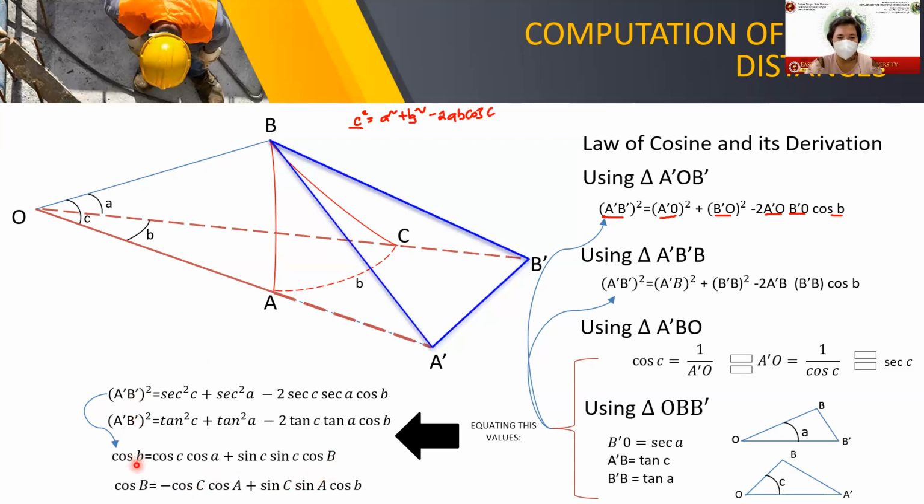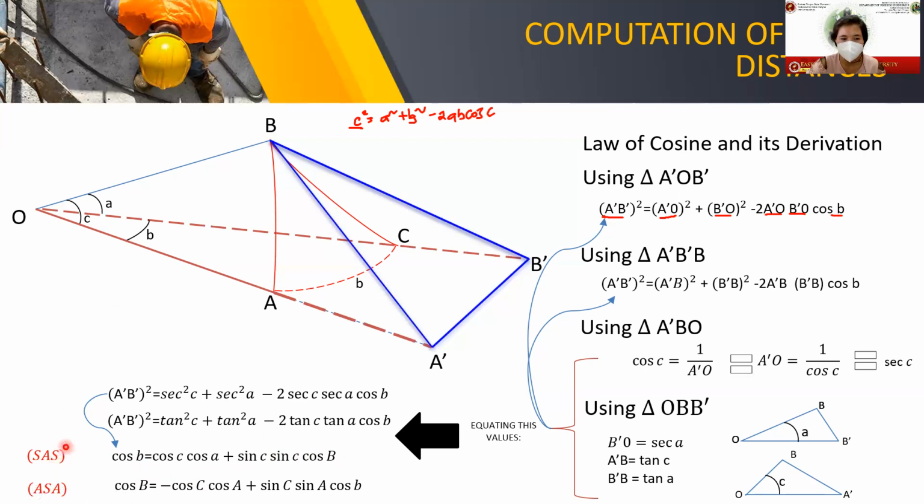So if the given are the sides of the triangle, and you need to find the side B, and the sides cosine C and A are given, then you can compute the value of the side B. So this is for the side angle side, and this is for angle side angle.